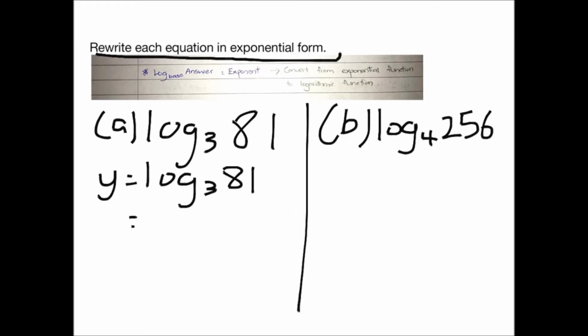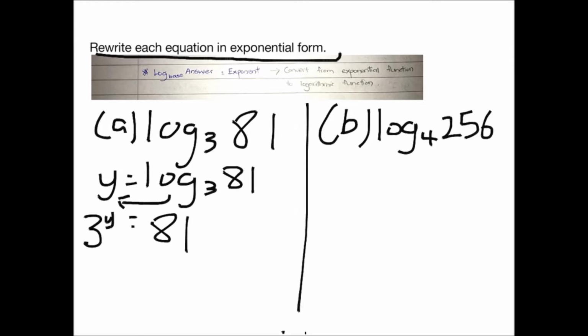Okay, so next you move the log to the front. So log 3, if you move it to the front, it's going to switch. Okay, 3 is the base, and y is the exponent.